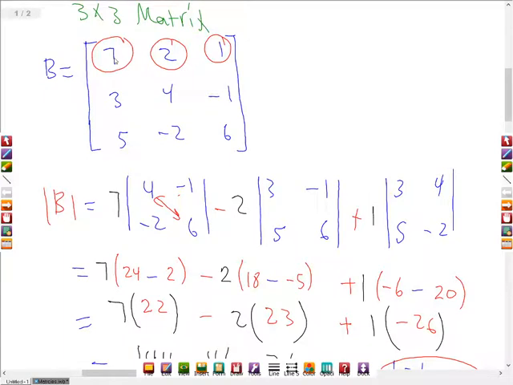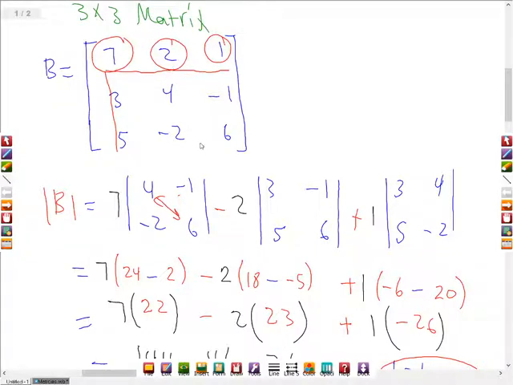If you eliminate the first, this 7 here, what you're gonna do is take out this row and this column. We end up with this 2 by 2: 4, -2, -1, and 6. What you did here, you do also for the second element, the 2.